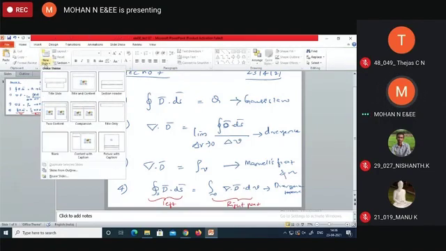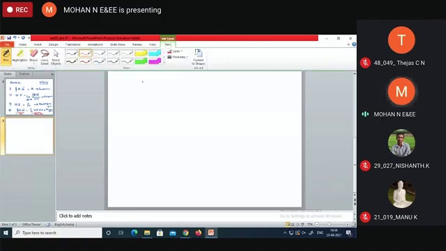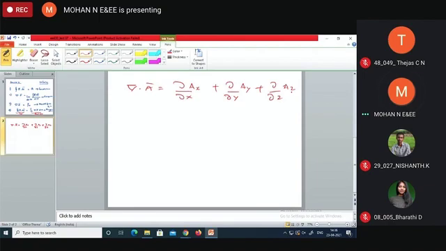Also, we should recall what the divergence is. Divergence of a vector A is equal to dou by dou x of the x component, plus dou by dou y of the y component, plus dou by dou z of the z component.